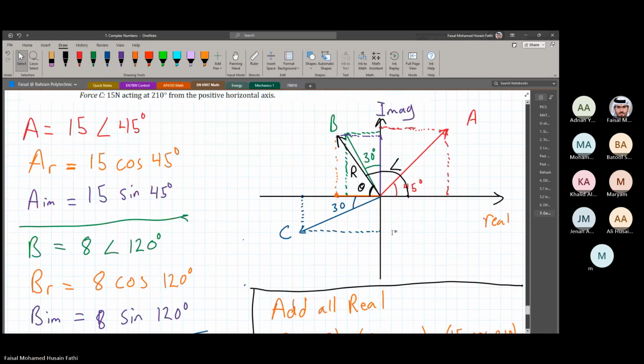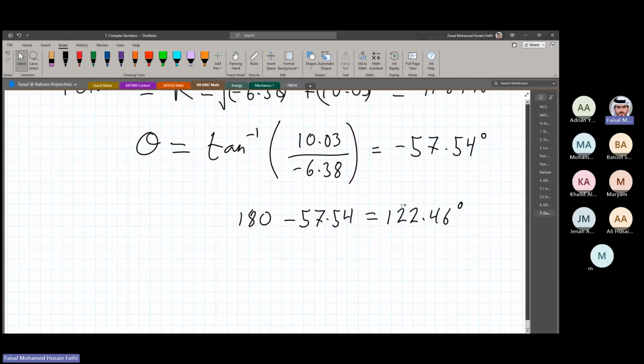Always remember it's the angle the force or resultant forms with the x-axis. That's how you solve this question.